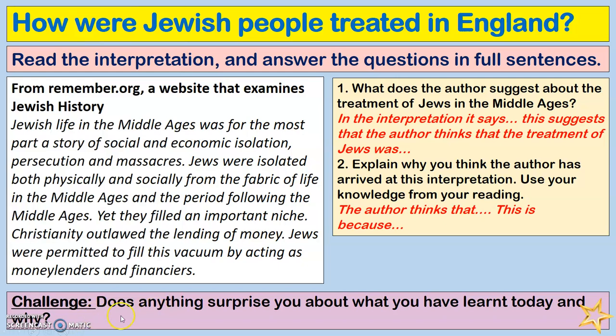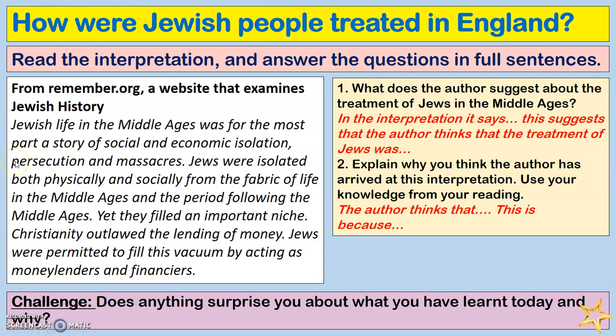I'm going to read through the interpretation for you in case there are any bits that you're unsure on, and then I'm going to just explain how to answer the questions. So it says, Jewish life in the Middle Ages was for the most part a story of social and economic isolation. So that means that they were pretty much left out on their own.